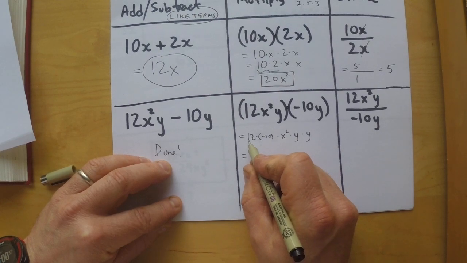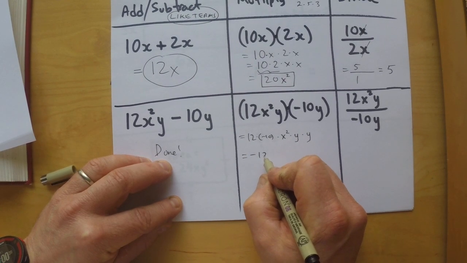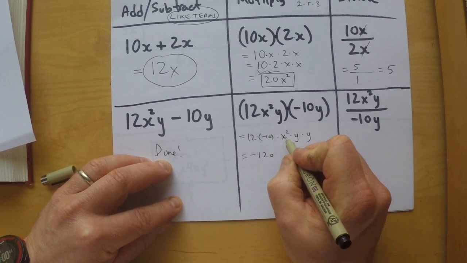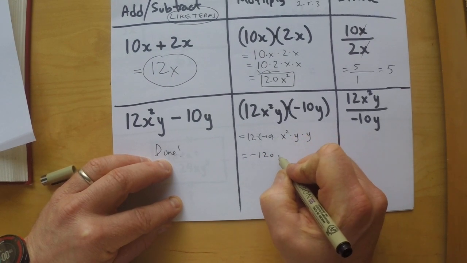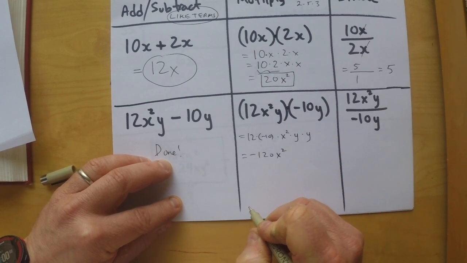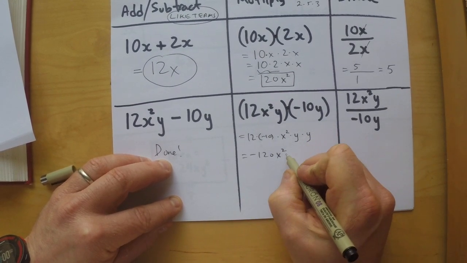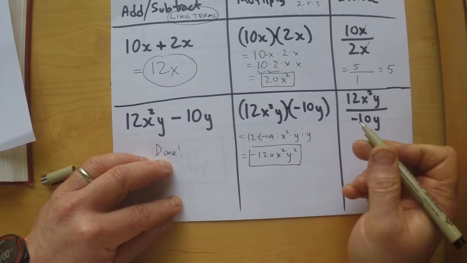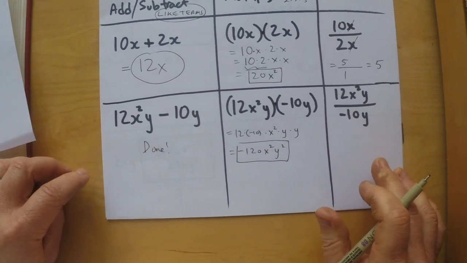So you end up with negative 120, because a negative times a positive is a negative, and 12 times 10 is 120. x squared doesn't have any other x's to multiply by, so it just becomes x squared. And then y times y is y squared, because I am allowed to multiply those together.